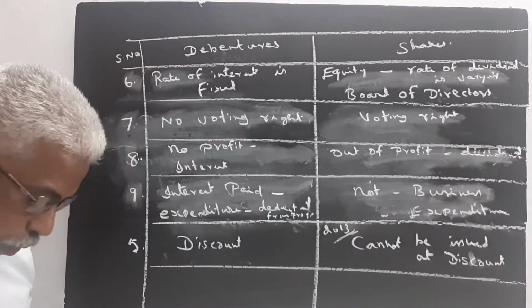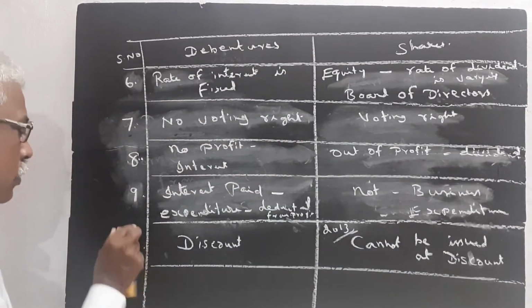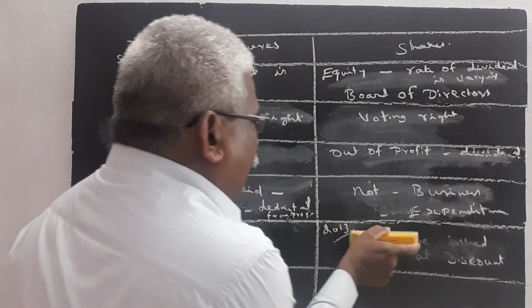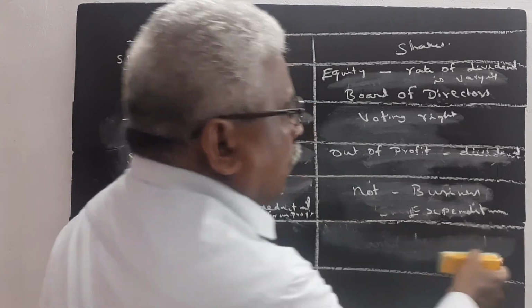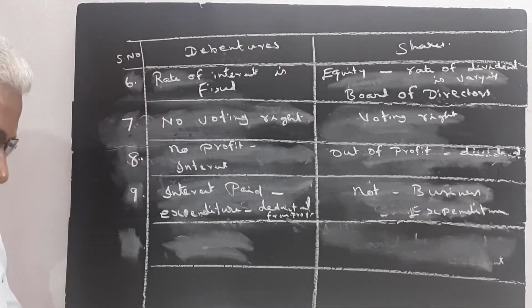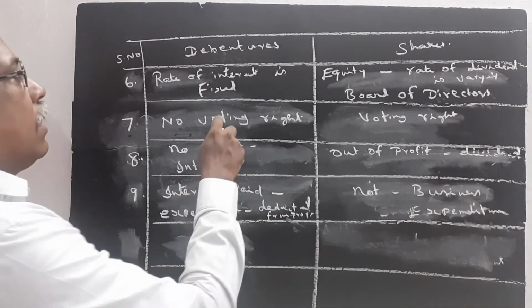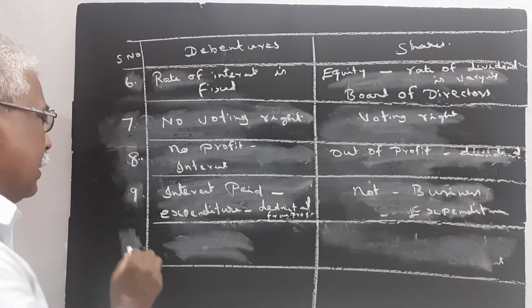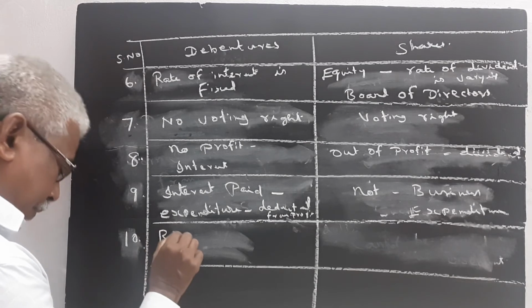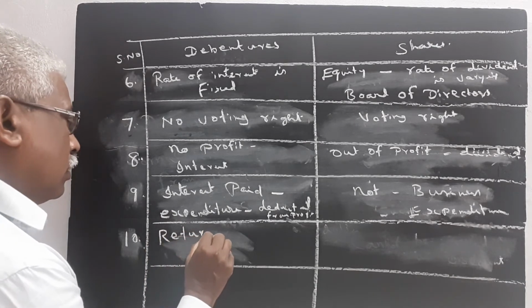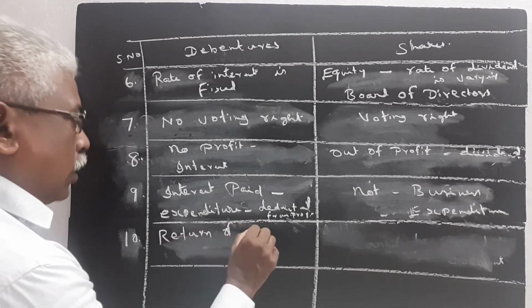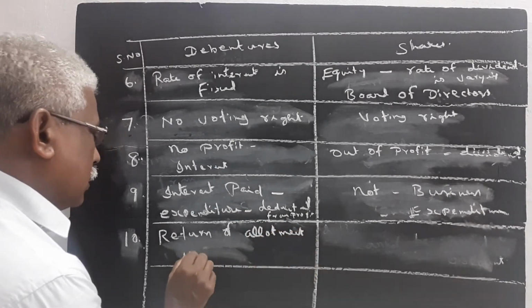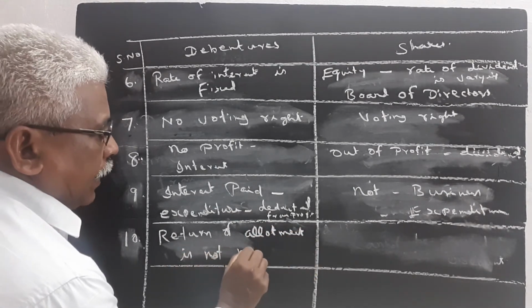Then last point, return. When we paid any interest, no return is filed. There is no return. Return of allotment is not necessary.